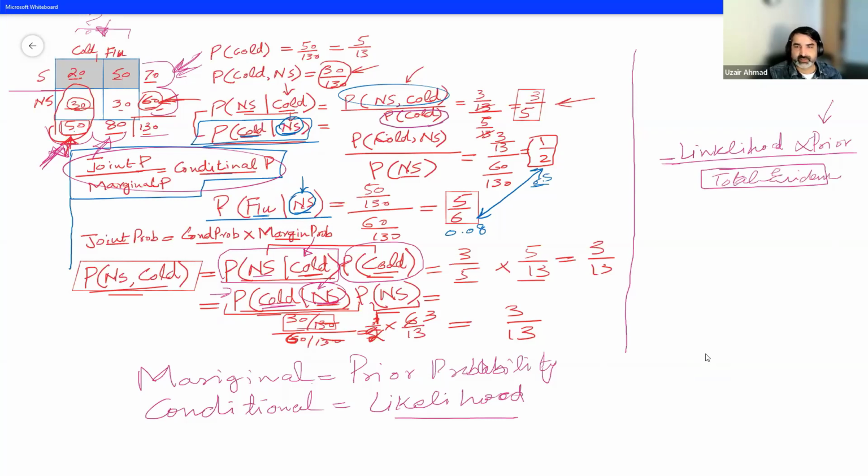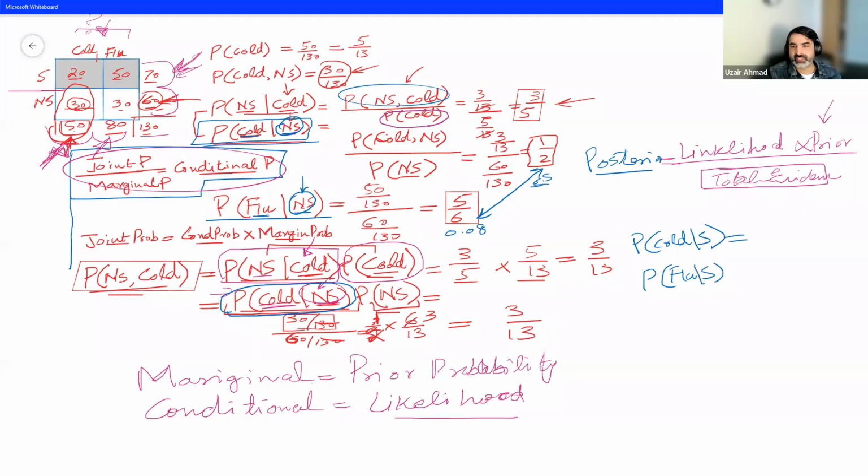In the conditional that we have for given the symptom, what is the probability that the person has cold or flu, we are going to refer to as posterior. So 4 different names. Posterior is, for example, probability of cold given sneeze, probability of flu given sneeze.